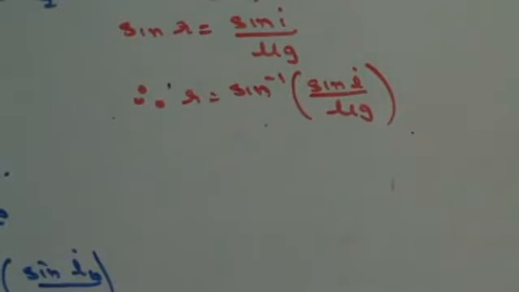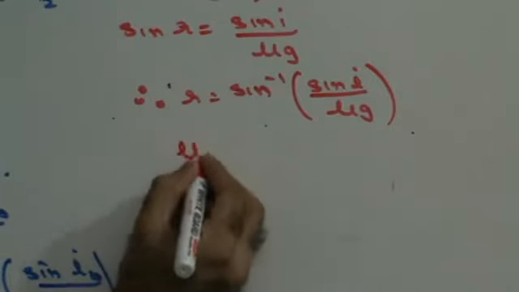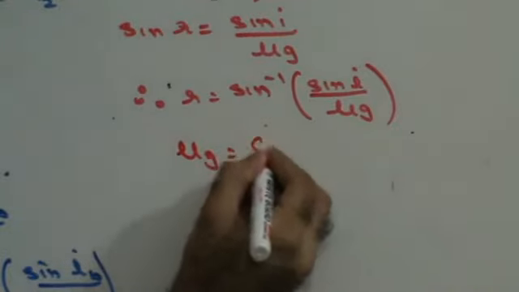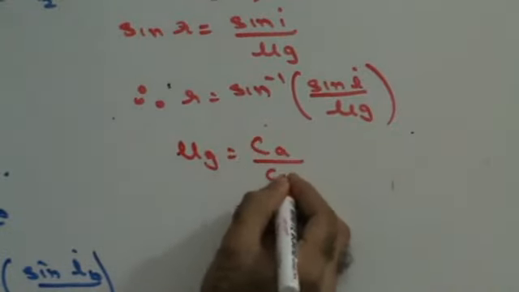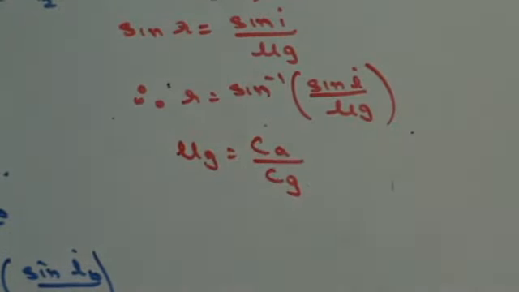What else have they asked you to find out? They've asked you to find out the velocity of light in glass, and the velocity of light in air is given to you. The refractive index of glass is the velocity of light in air upon the velocity of light in glass.